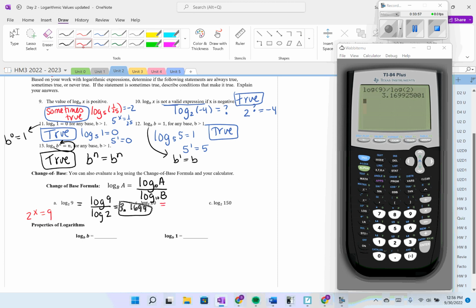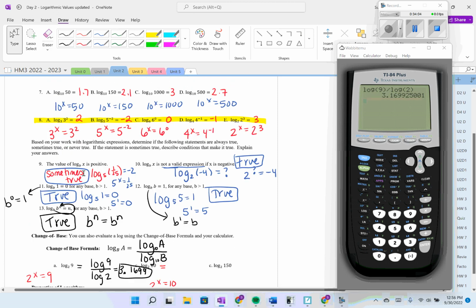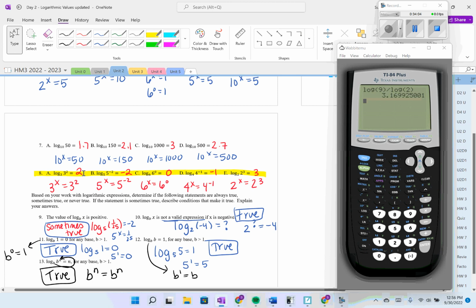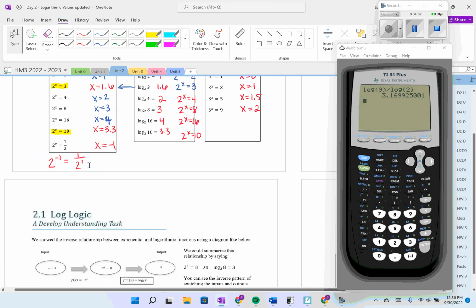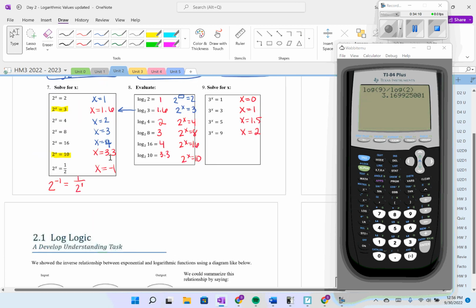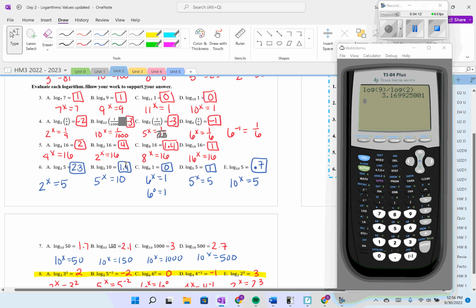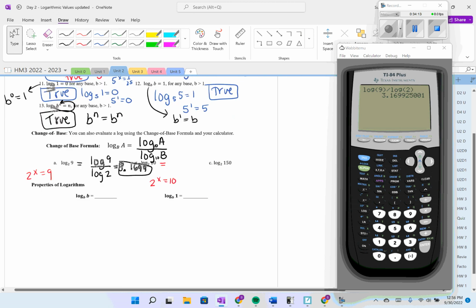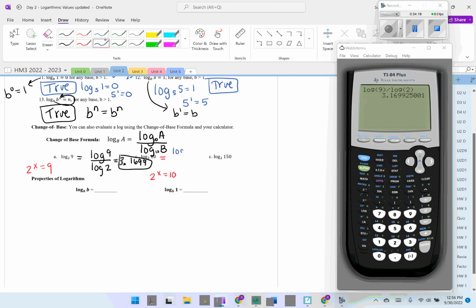So same thing for the next one. We have log base 2 of 10. So we're saying 2 to what power equals 10. So remember we did this earlier. Up here we said 2 to what power is 10. We said about 3.3. So now we can use our calculator and the change of base formula to figure this out. So this would be the log of 10 divided by the log of 2. So the base goes down, and this allows us to use our calculator because notice the calculator doesn't write a base, so that means it's base 10.